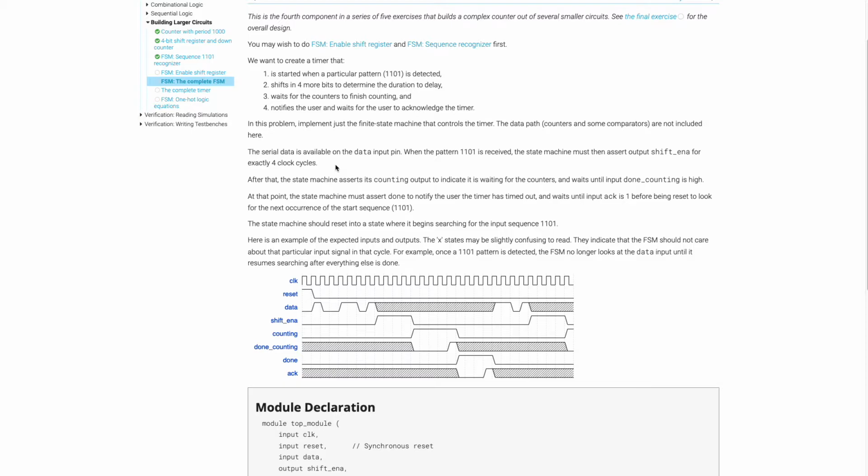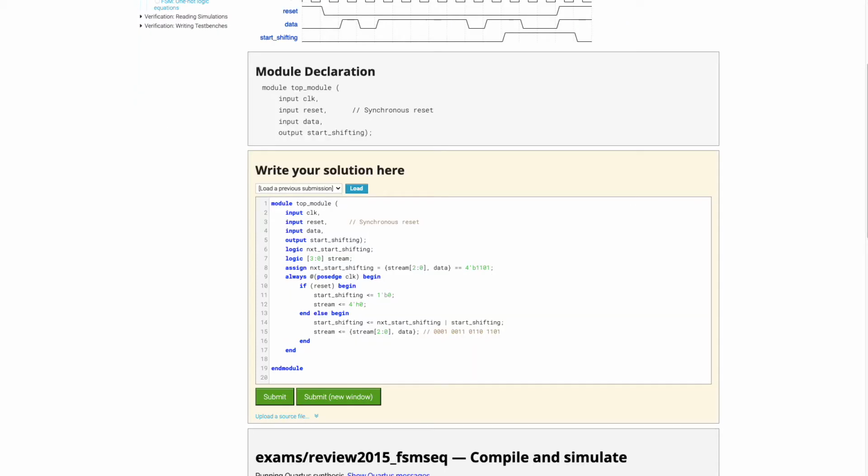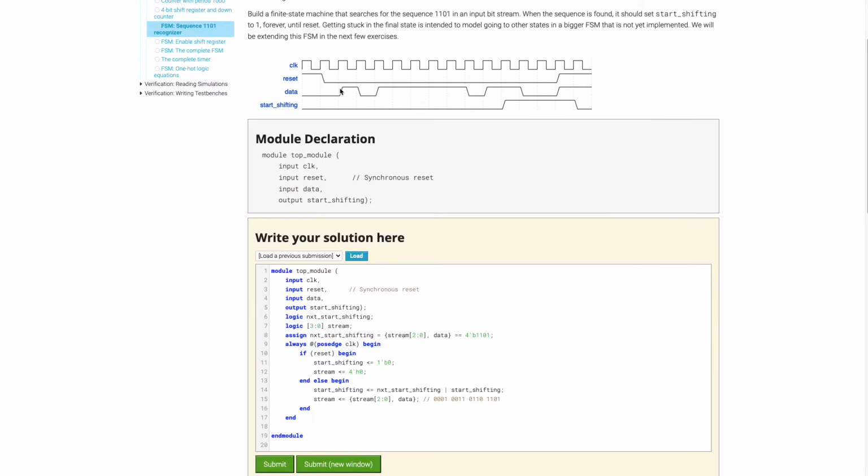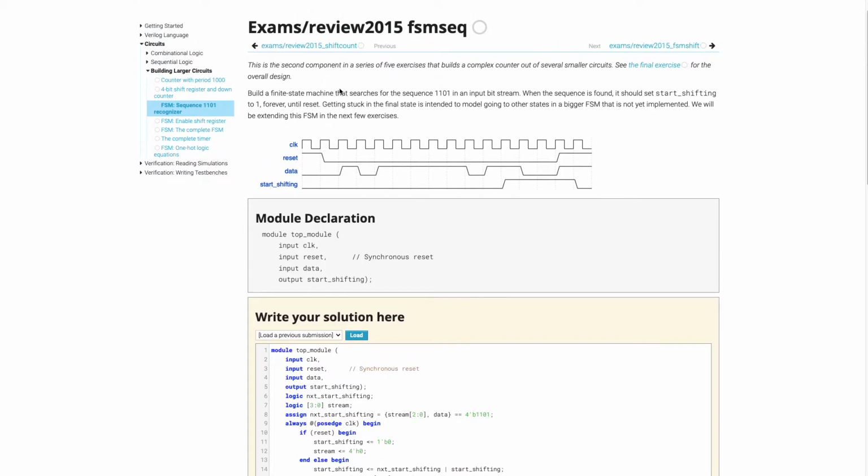Started when this is detected, so is this problem.